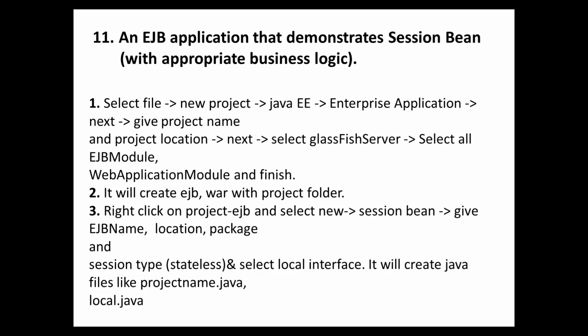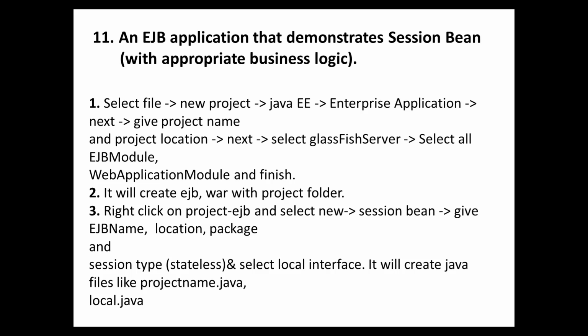Finally, we can build the program and run it as an EJB application. This program will explain how this step-by-step process sets up our EJB application. And finally, I have to show one video, and that video will demonstrate this using a session bean in an EJB application.